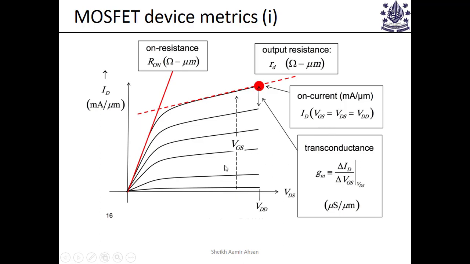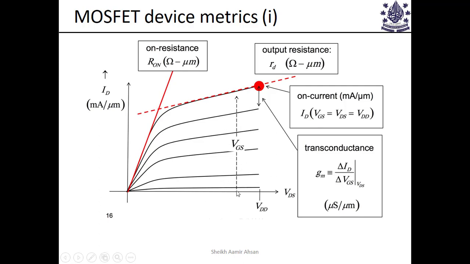And finally, if we see how current changes as a function of gate to source voltage as you go in this direction, the derivative of that is called the transconductance. So maybe transconductance is not as obvious from these curves.